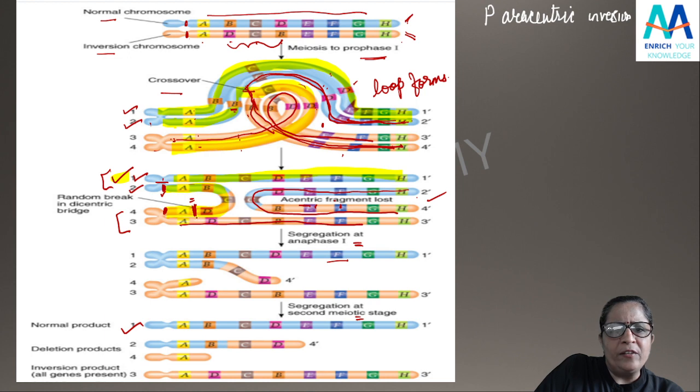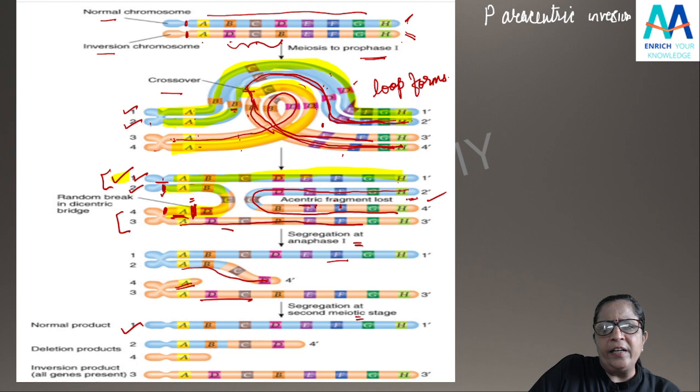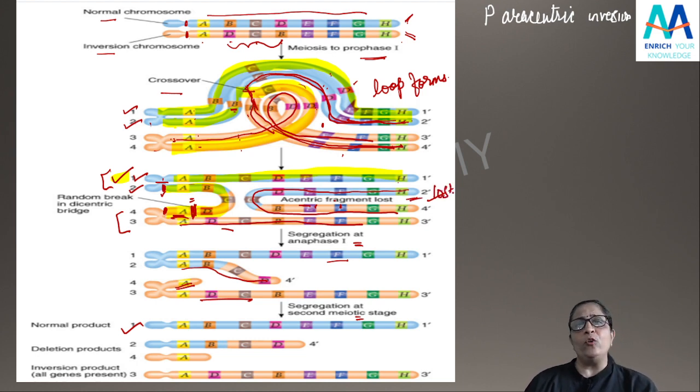Due to the break till here there will be D, यहाँ D तक रहेगा, और ये वाला part जो सिर्फ A वाला, it will remain with this, and this is the last one. This acentric it will be lost because there is no centromere. Centromere नहीं रहेगा, तो how the segregation it will be there, isn't it?